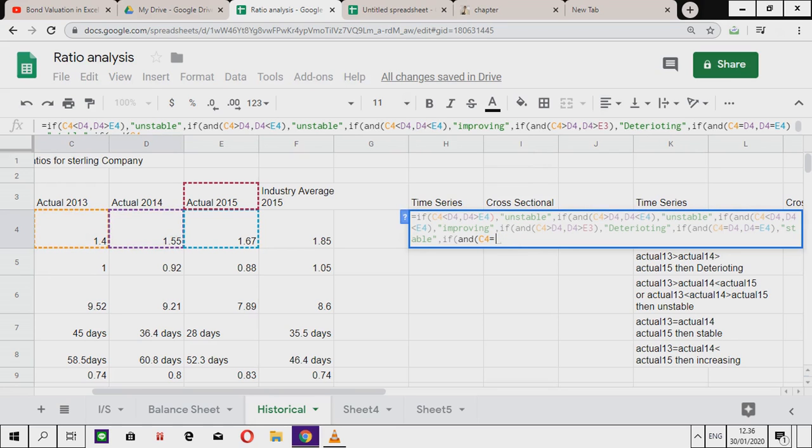Don't forget to pay attention to every single formula. Oh, this is absolutely an error.